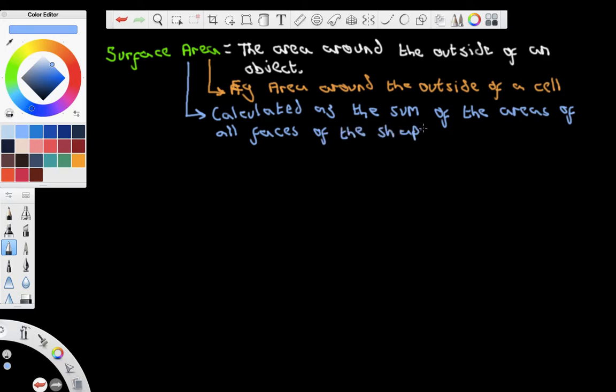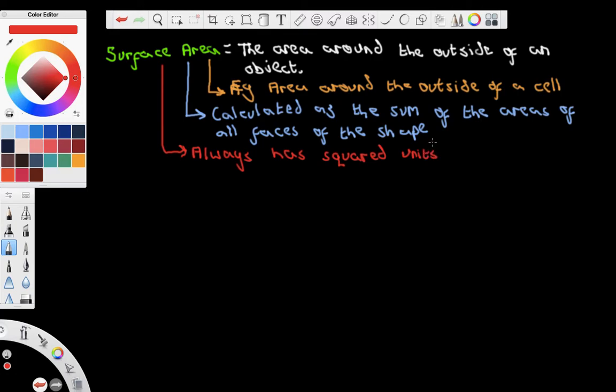And an important point we need to make before we have a look at an example of surface area is that surface area always has squared units. So I'm going to change to red because this is an important point. We can say that surface area always has squared units.